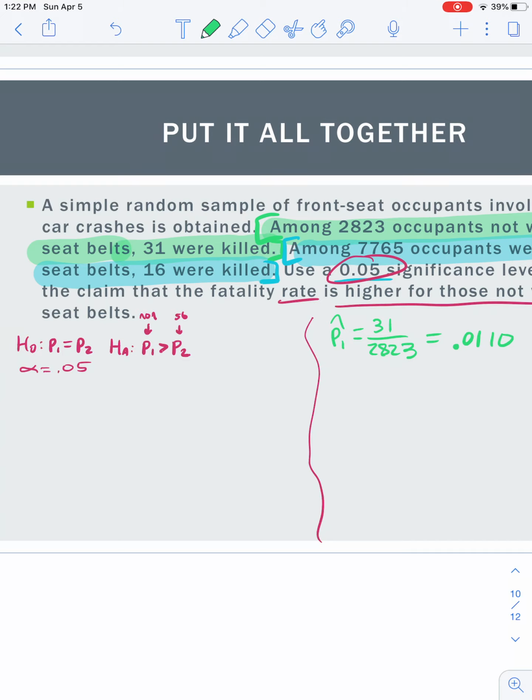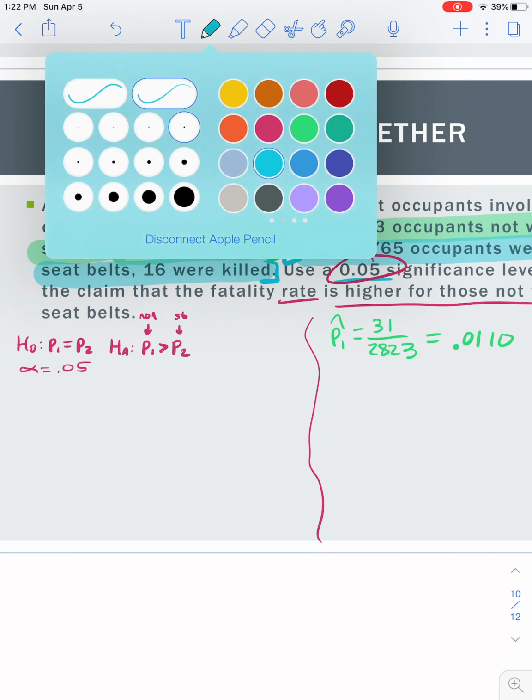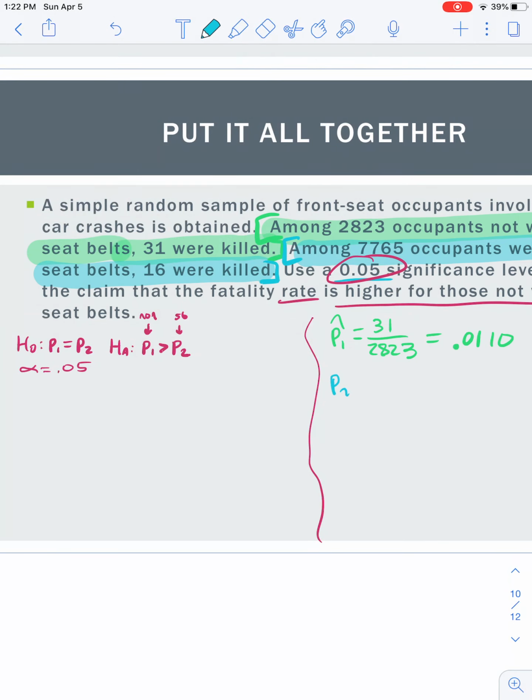I'm going to go four decimal places. And then I'm going to need my P2 hat, which is 16 divided by 7,765, which would be 0.0021.